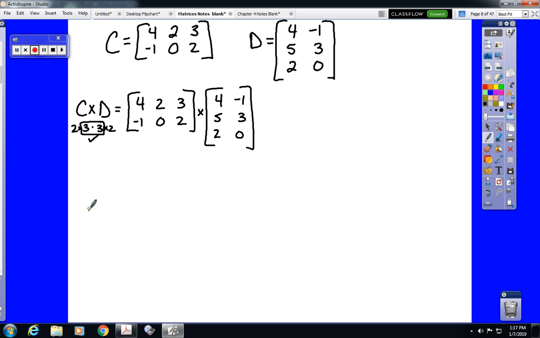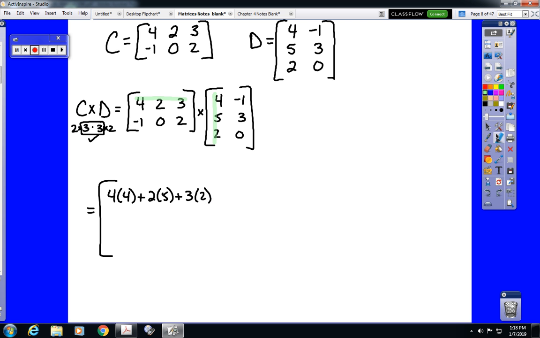Alright, so this is going to look a little bit worse than the other one, but in reality it's a little bit less work. We're going to do row 1 times column 1. Notice how there's 3 sets of numbers that are being added up now. So we do first times first, 4 times 4, plus second times second is 2 times 5, plus third times third is 3 times 2.